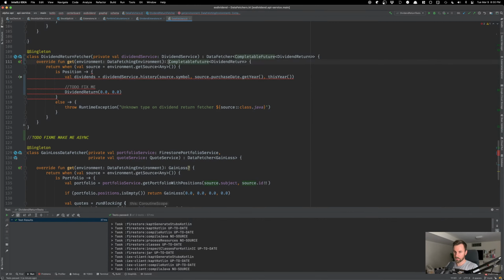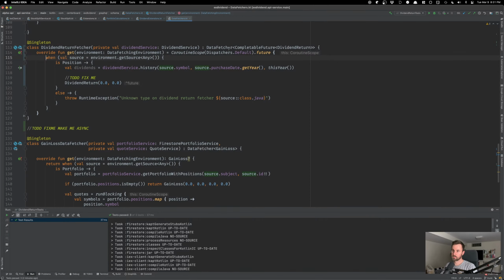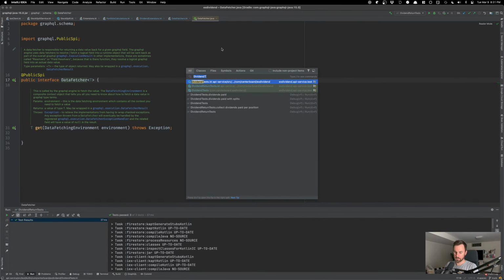Interesting. Data fetcher. Okay, this should still work. Actually, isn't there an async?